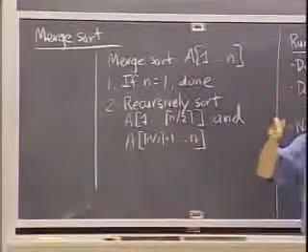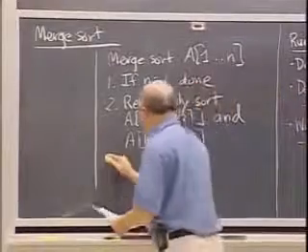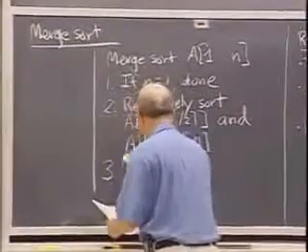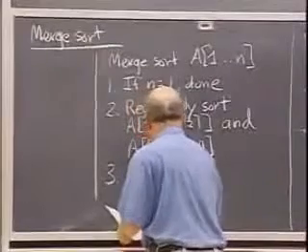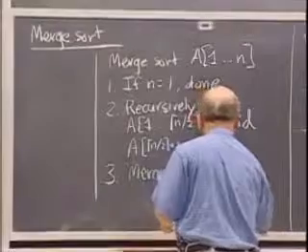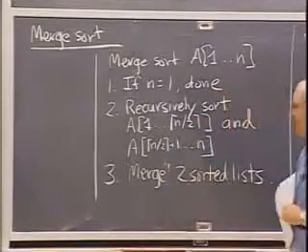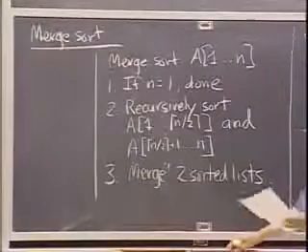Okay, so we sort 2 halves of the input. And then 3, we take those 2 lists that we've done and we merge them. And to do that, we use a merge subroutine, which I'll show you.